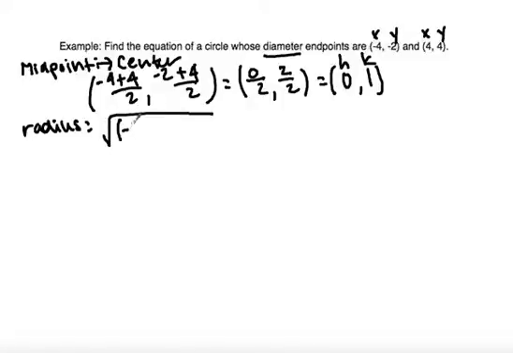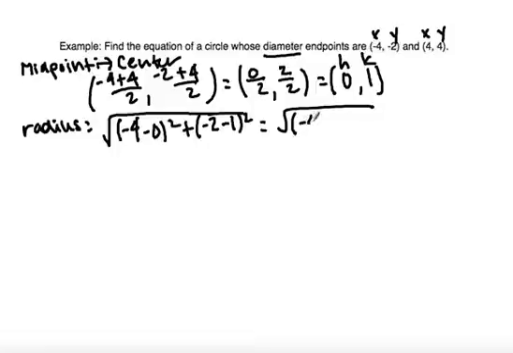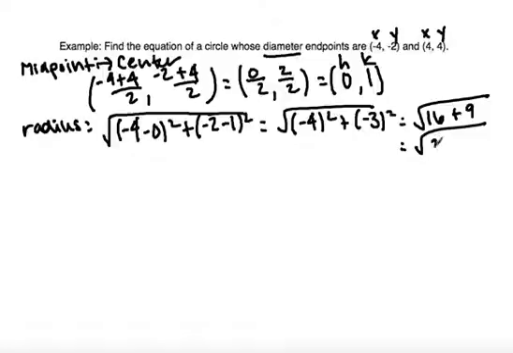So I'm going to do (-4 - 0)² + (-2 - 1)². -4 minus 0 would just be -4 squared. -2 minus 1 would be -3 squared. -4 squared is -4 times -4, which gives you 16. -3 squared would be -3 times -3, which would give you 9. The square root of 16 plus 9 would be the square root of 25, which is really just 5.